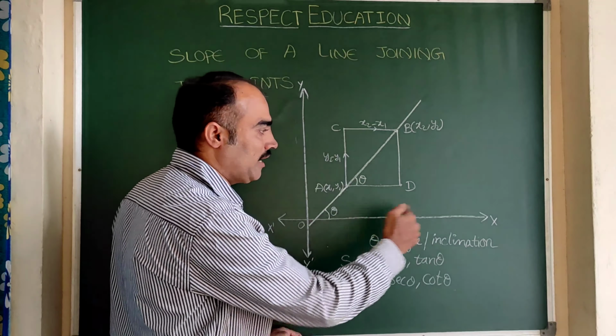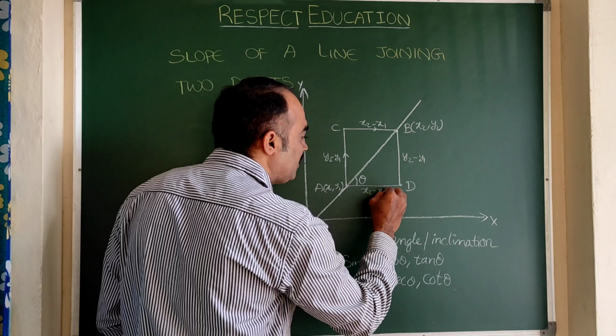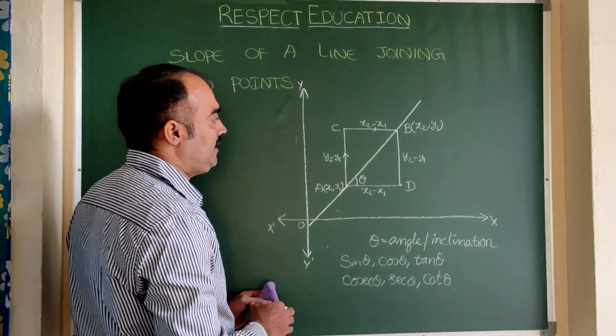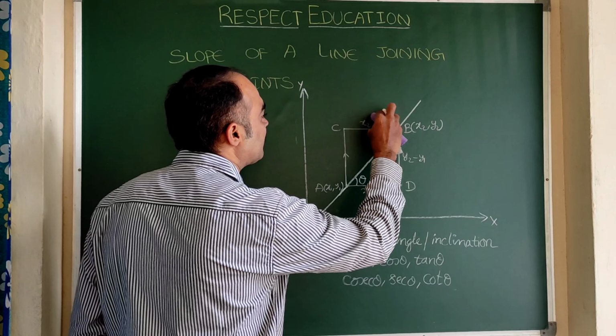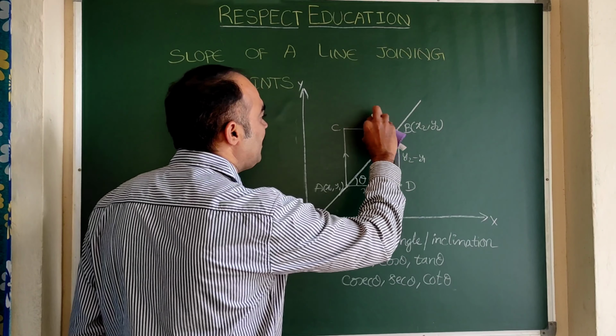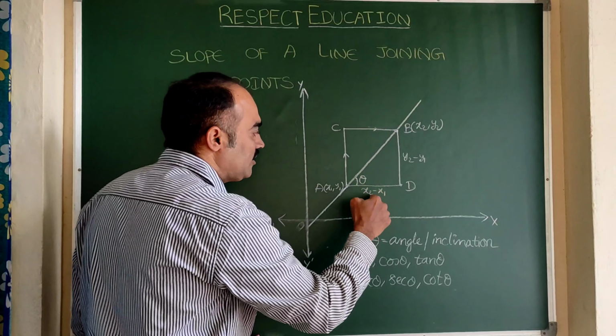Clear? Here this x2 minus x1, the distance between C to B, can be dropped here to A to D. So let us write this as x2 minus x1. To not get confused, x2 minus x1 is brought here, and y2 minus y1 is brought here.